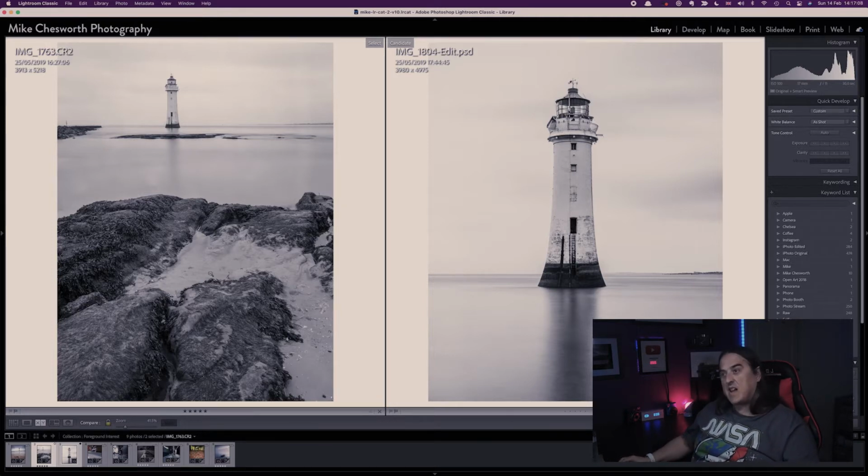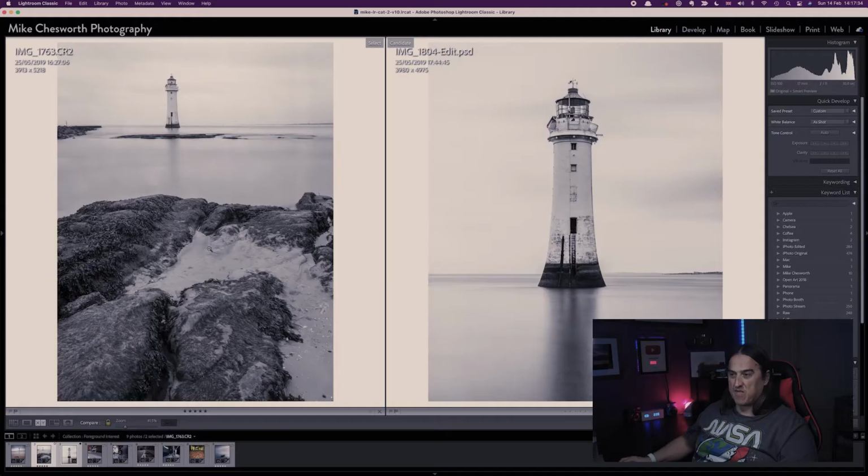Whereas this second image on the left is the lighthouse around about the same time, but obviously I've zoomed out quite a fair bit, and it's exposing some of the rocks, and these rocks provide a little bit of foreground interest and actually draw your eye into the lighthouse. So it's a good example of using foreground interest to add depth into your image.